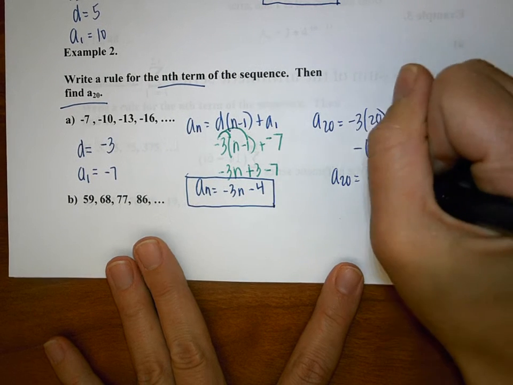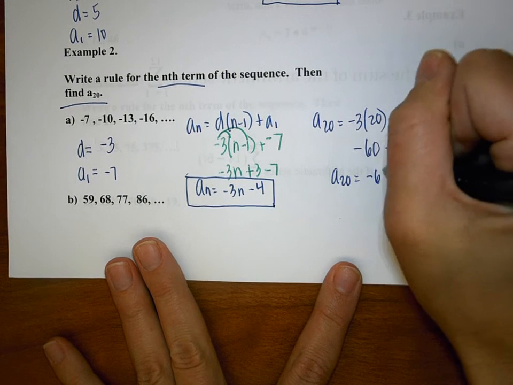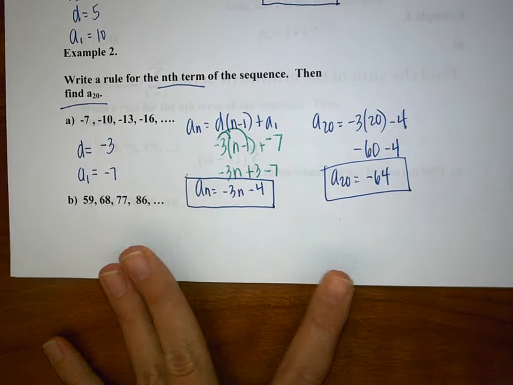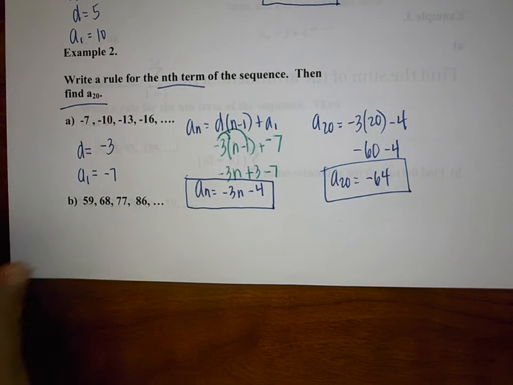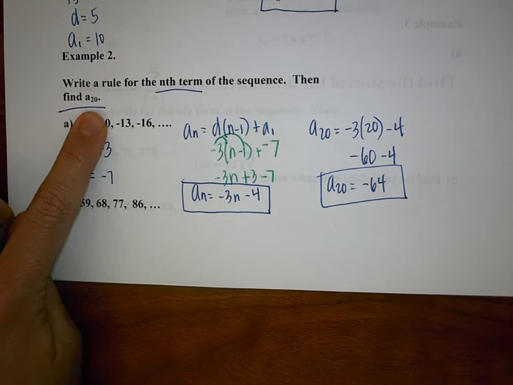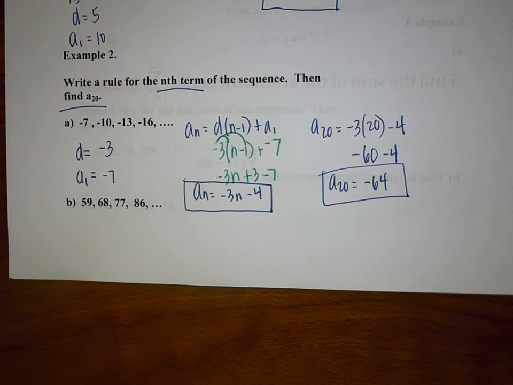So a sub 20, the 20th term, is negative 64. So those are my two answers. At the beginning, they asked us to find the 20th term. So that's where I got the 20 from. So if they'd asked for the 10th term, I would have plugged 10 in, right? Okay. Other questions?